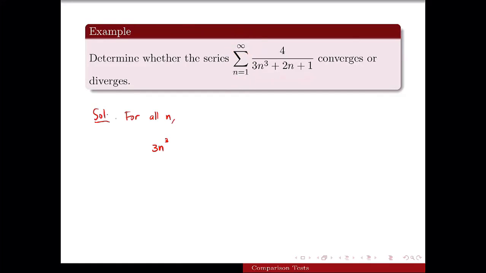We know that for all n, 3n cubed is less than 3n cubed plus 2n plus 1, and they are all positive. By the way, let's write for all n in the set of natural numbers.